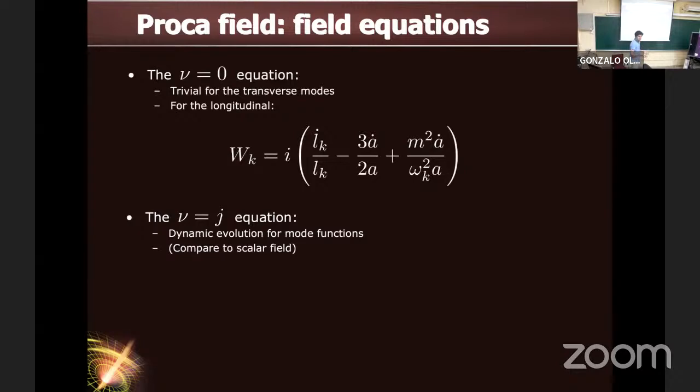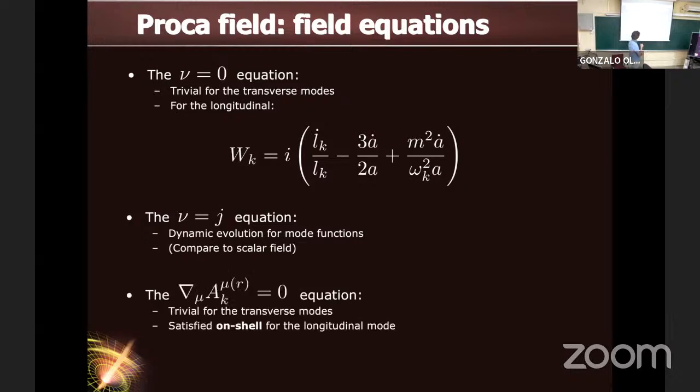Okay, now what happens with the field equations? The time equation is just trivial for the transverse modes, which essentially means that it's zero by construction. And for the longitudinal, it gives an expression for W in terms of these functions and the scale factor. Now, from the spatial equations, we get all the dynamics of the system, how these H and L evolve with time and what happens.